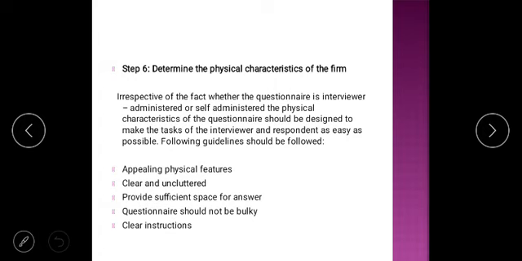Clear instructions should be given before the questionnaire starts, before question number 1, so that the respondent can give proper responses based on the instructions. These are all the physical characteristics to be included in the questionnaire. Everywhere it should be clean and clear, not messy.